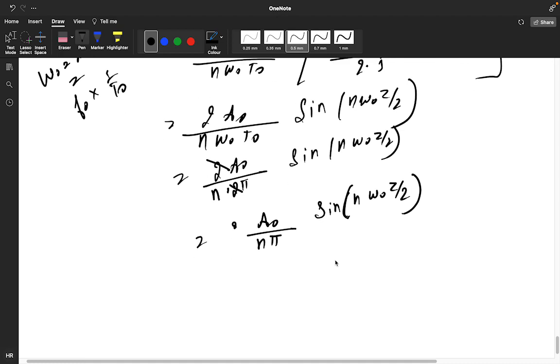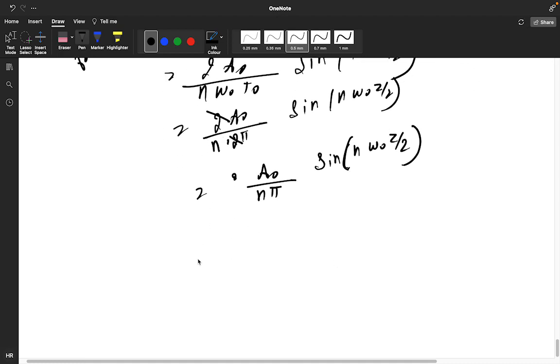What is the sampling formula? The sampling signal, I told you, can be written as sine pi t upon pi t.